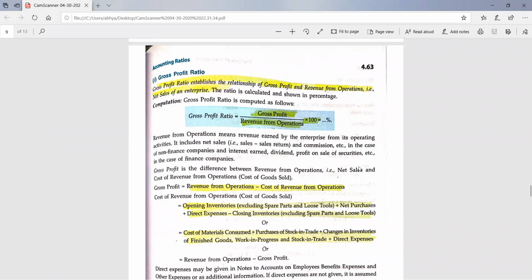Then turnover ratios to check the efficiency of the business, whether all the current assets are used efficiently in the business or not. And finally, we are doing the last portion of the chapter, that is the profitability ratios.